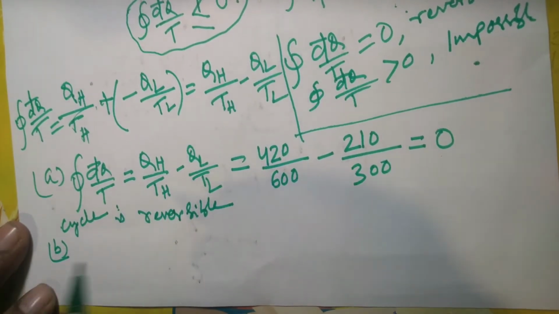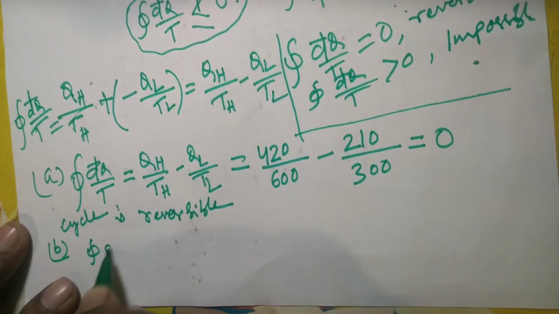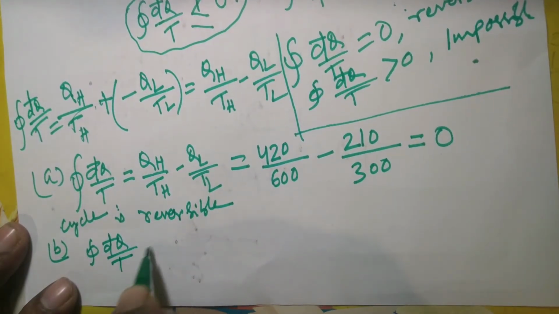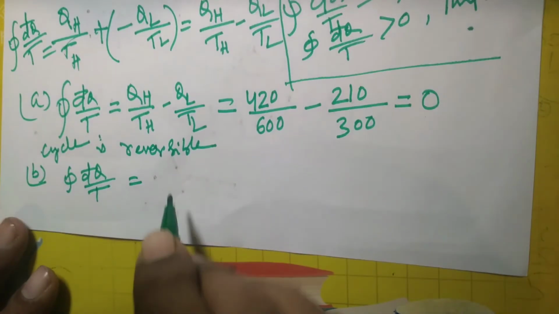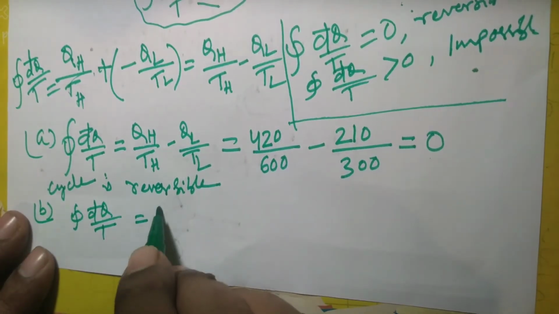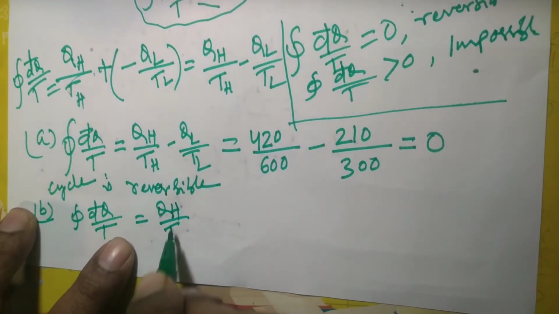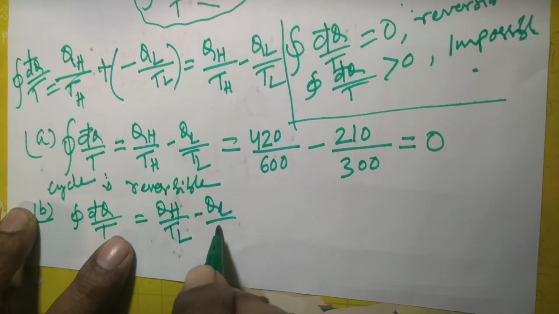Similarly, for B, the cyclic integral of d cut Q by T is equal to Q_H by T_H, the formula remains the same, minus Q_L by T_L.